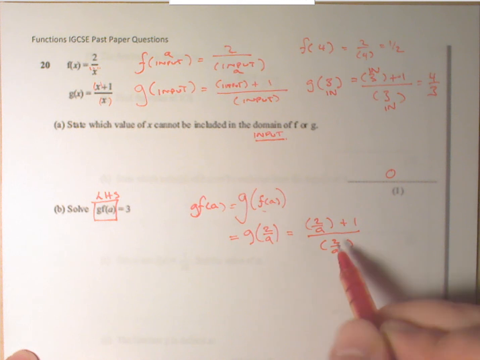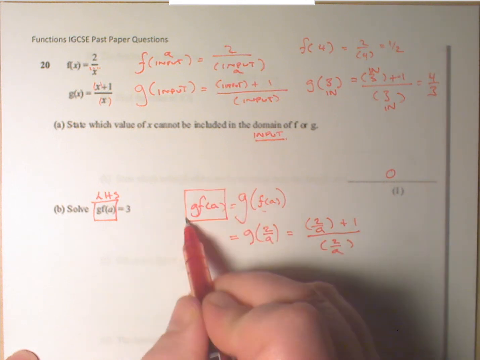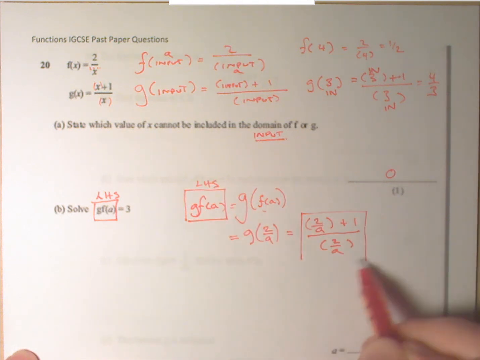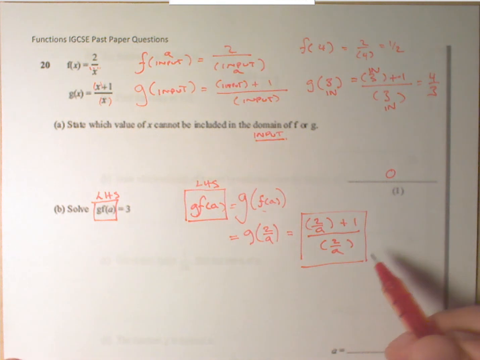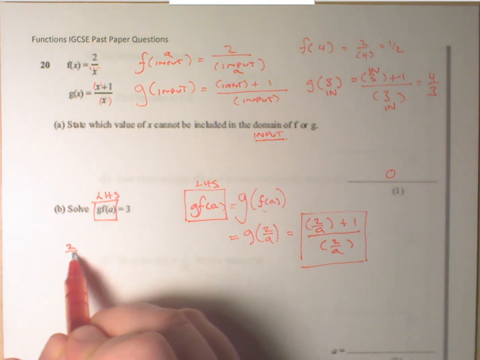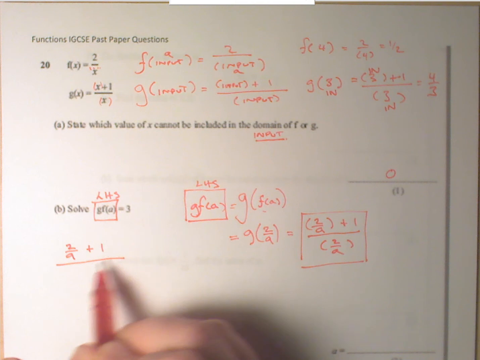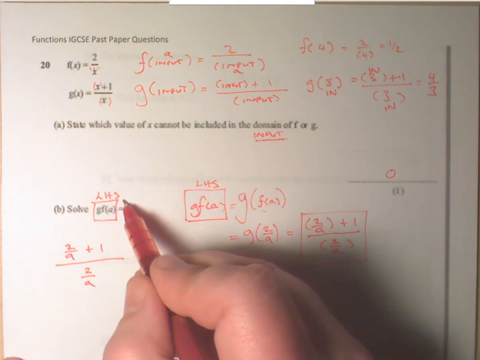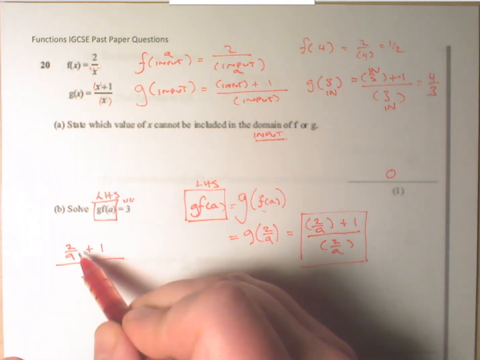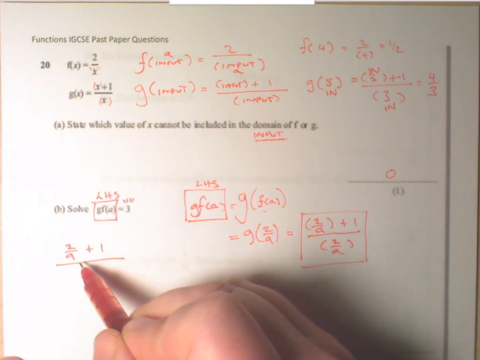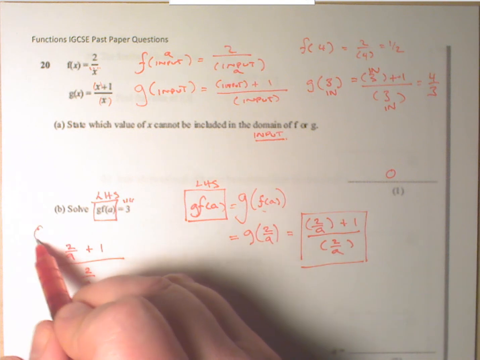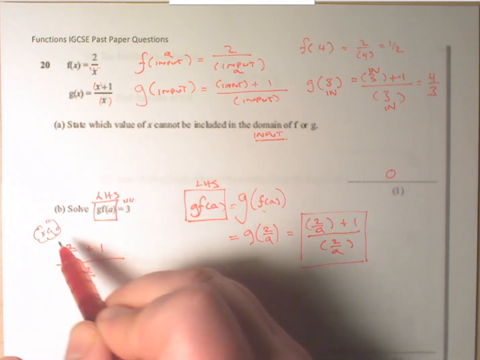So it turns out that this left-hand side of the equation is equal to all of that complexity. So what I'm going to do is put it over here and put that over here. Well, I still want to simplify it before I start putting it equal to 3. I don't like having the fractions within the fractions. So I think to myself, I want to get rid of this divide by a. The way to do that is to times it by a. I wouldn't write this normally, but this is what I'm thinking.